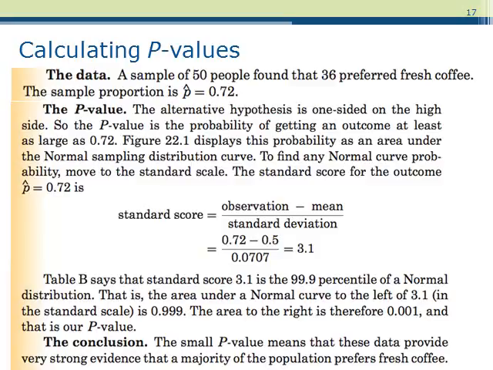That is, the area under a normal curve to the left of 3.1 is 0.999. So the area to the right is therefore 0.001, and this is our p-value. Because the p-value is quite small, there is very strong evidence that a majority of the population prefers fresh coffee.